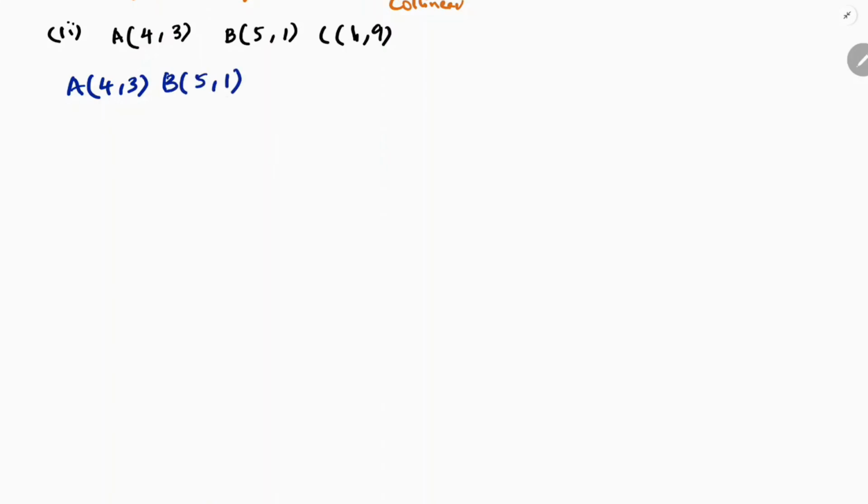Now the distance formula is under root x2 minus x1 whole square plus y2 minus y1 whole square.